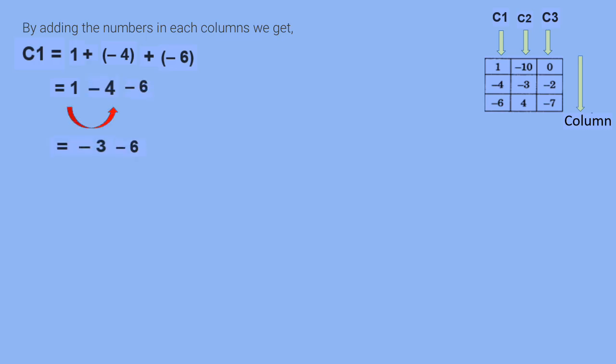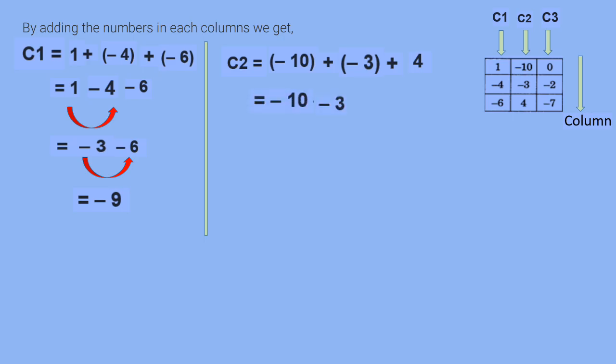Then I have subtracted. The last step I have added. I got minus 9. For column 2 also, similarly, you can do these simple steps. The same thing, 10 minus 10 minus 2 minus 13 plus 4. The different sign you are going to subtract, and you got minus 9 here. Here also you got minus 9.